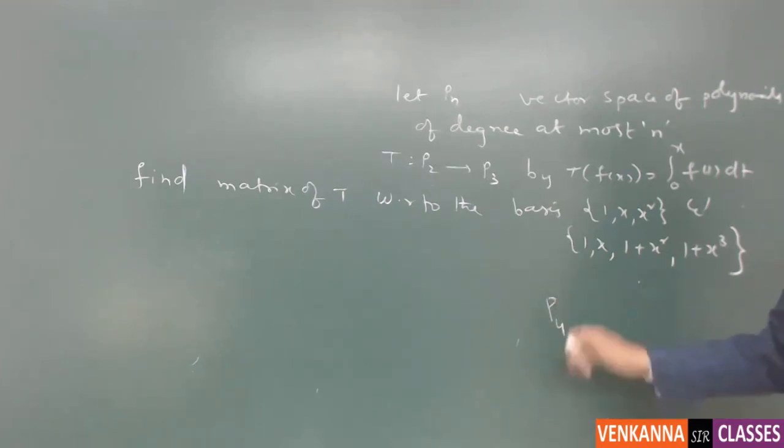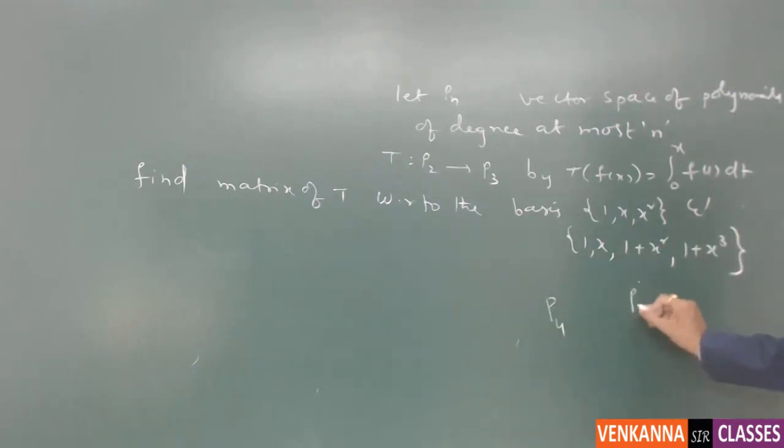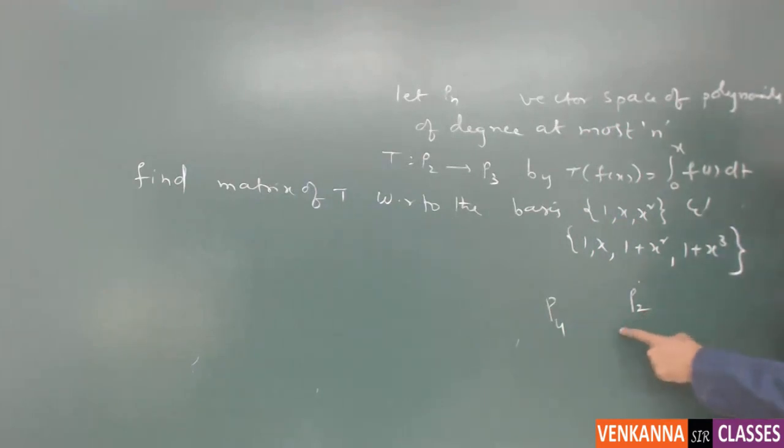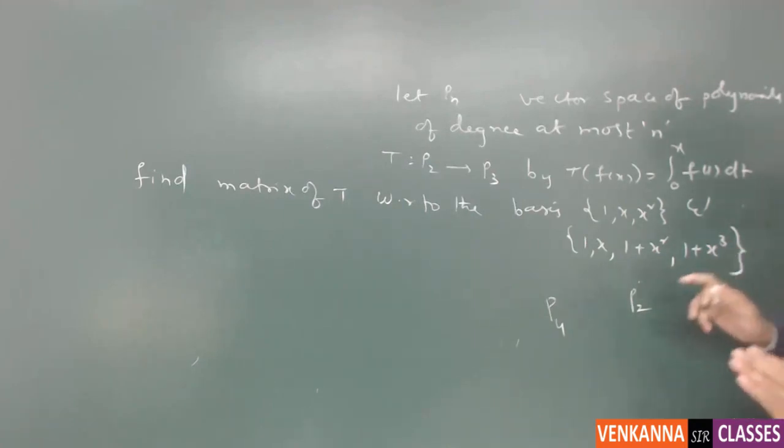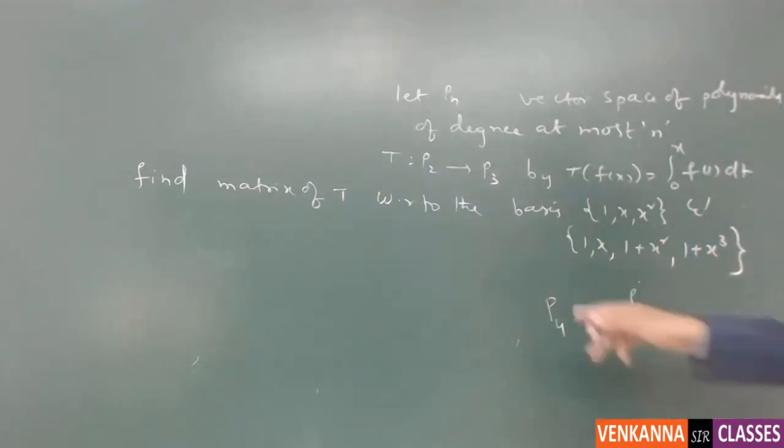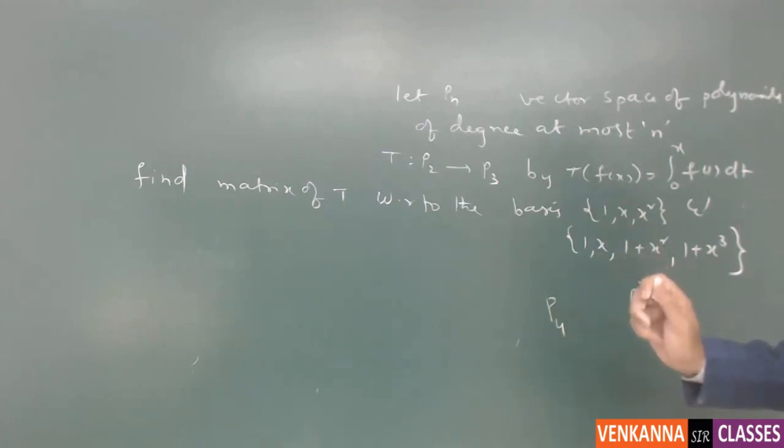So I take first degree polynomials, 0 degree polynomials, second degree, third degree, and fourth degree polynomials. If I write P2, I will take second degree polynomials, first degree polynomials, and degree 0, that is, constant polynomials. So I am treating the polynomials as a vector space here. That is the symbolic notation of P2, P3, P4, etc.